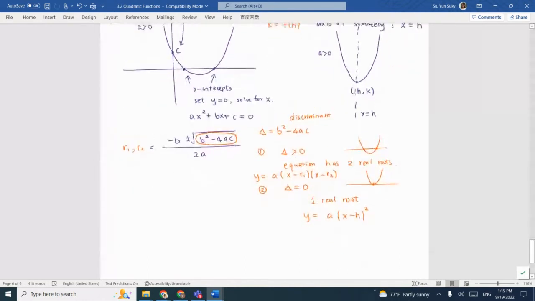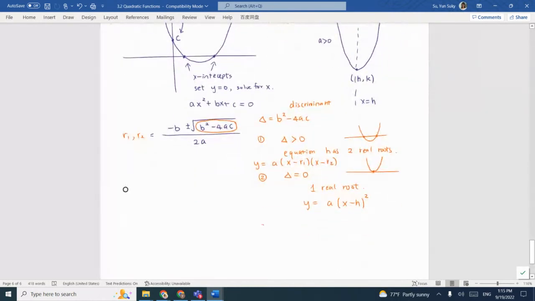And then the third case: if the discriminant is negative, that means the parabola lies above the x-axis if a is positive. Right, everybody? So in this case, we have no real root. Well, think about it. The thing is that the square root is of a negative number, right? So you expect to have complex roots.